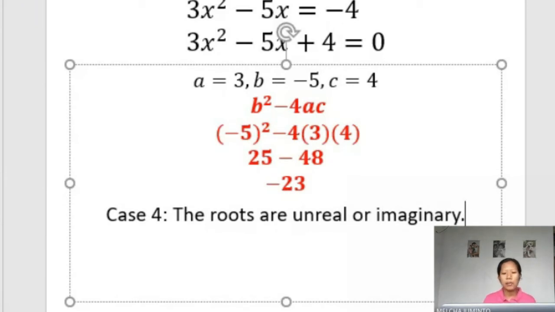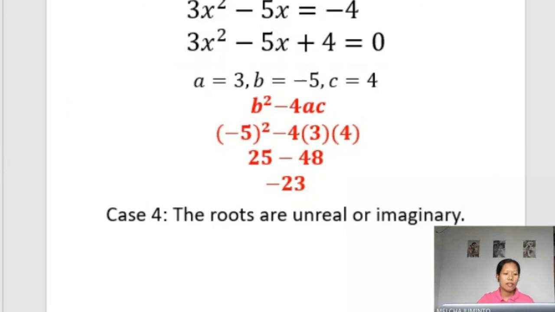We're able to arrive at the statement that the roots are unreal or imaginary because we obtained a discriminant which is a negative number or less than 0. That's why we can say that the roots are unreal.